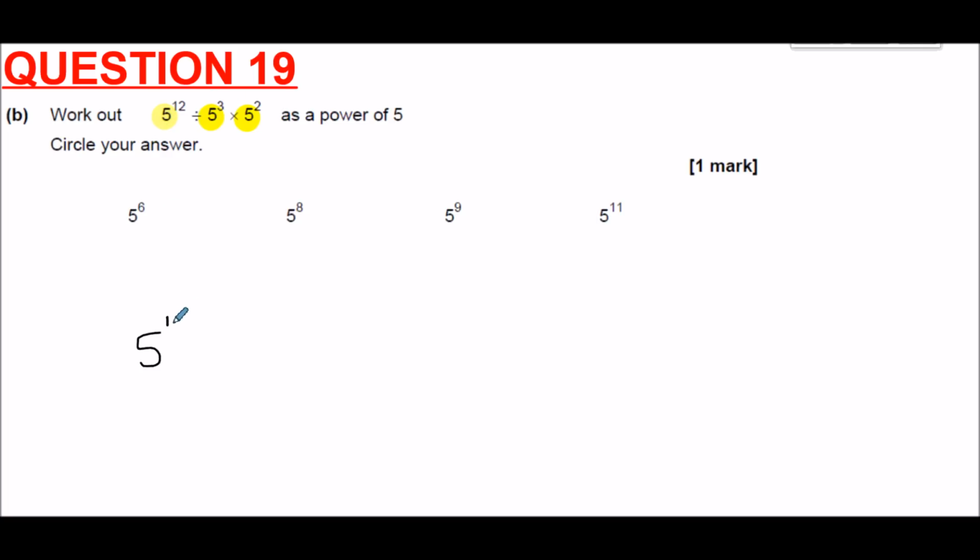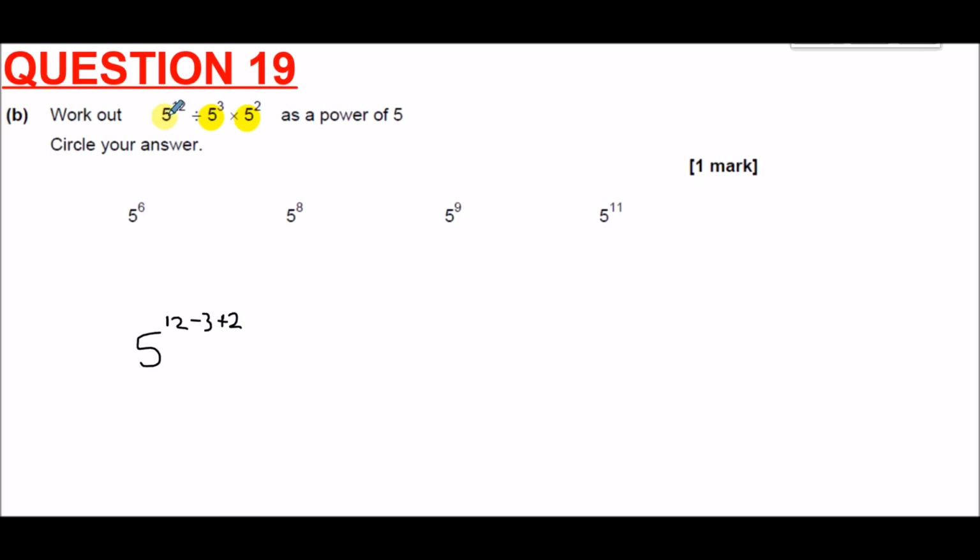So we start with 12. Because you're dividing that, we would take away that power of 3. And when you're multiplying, you add the little number on. So when you're dividing, you take away the little number. When you're multiplying, you add on the little number.